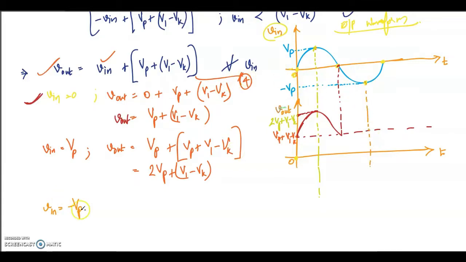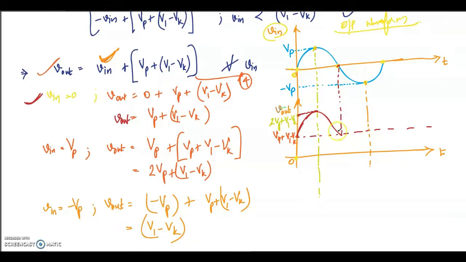V out is equal to, substitute in the equation, it becomes minus Vp, substitute instead of Vn, minus Vp plus Vp plus V1 minus Vk. That is equal to 0 plus 0 plus V1 minus Vk. That is equal to V1 minus Vk. That is a value less than this.